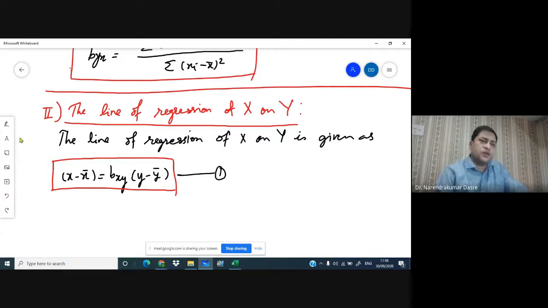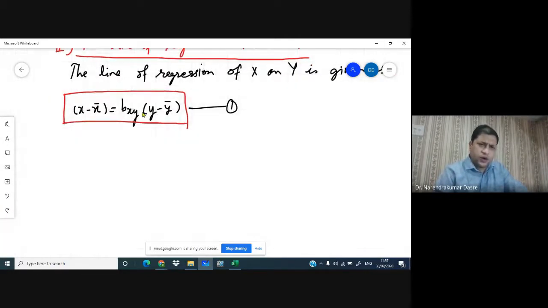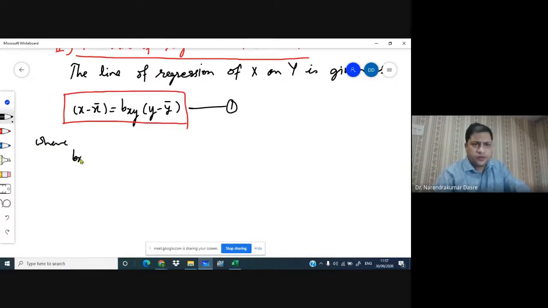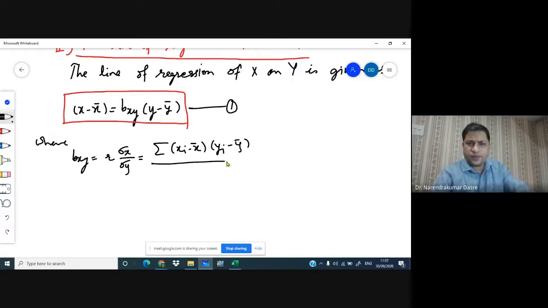Okay, and you can see what bxy is, where bxy is equal to r sigma x upon sigma y, or we can simplify this as summation xi minus x bar yi minus y bar upon summation yi minus y bar square.